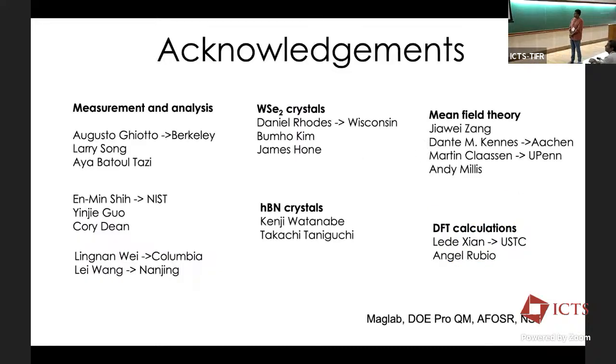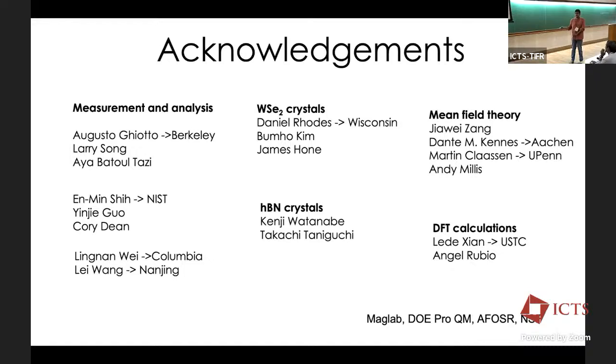Let me first start by acknowledging the people who did this work. This work was actually started by one of my graduate students who's now moved on, Augusto. And it's an interesting case of why one should go to a conference and hear random things.